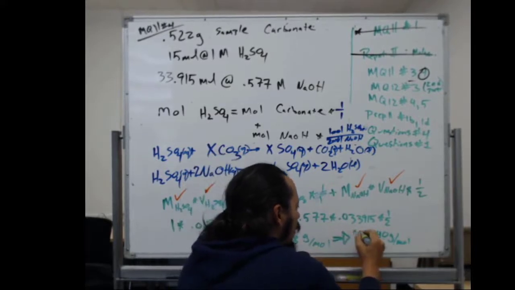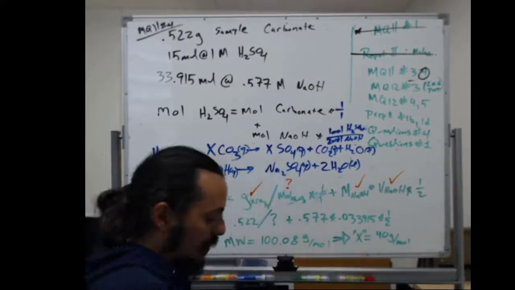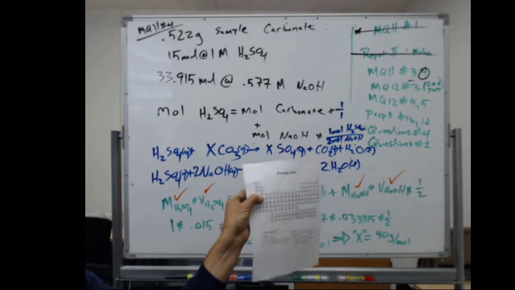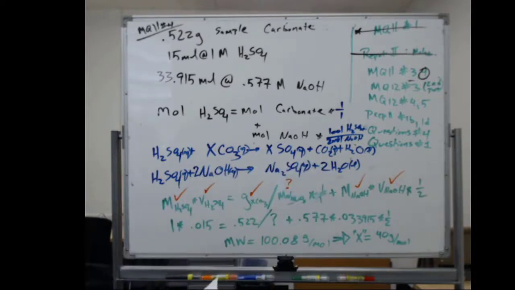And I'm going to put X in quotes. I don't know if that's 1X or 2X, but I'm going to look at the periodic table. And it looks like calcium. Calcium carbonate would be exactly 100.08 grams per mole.